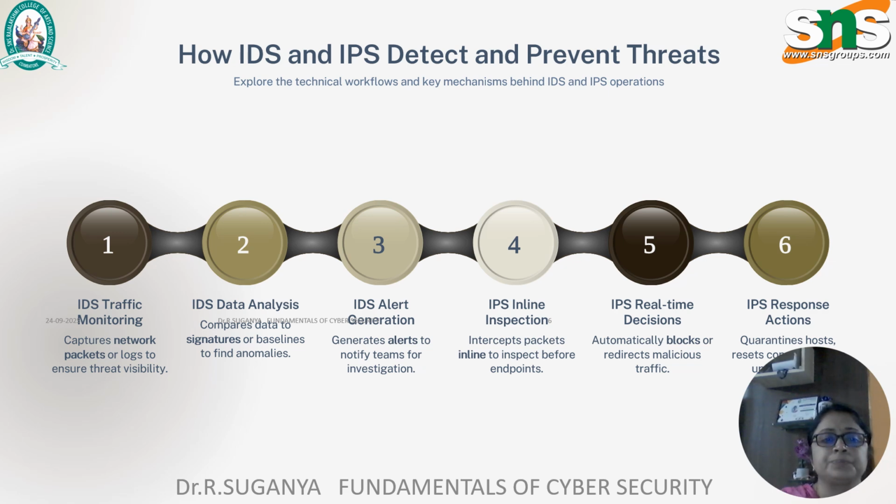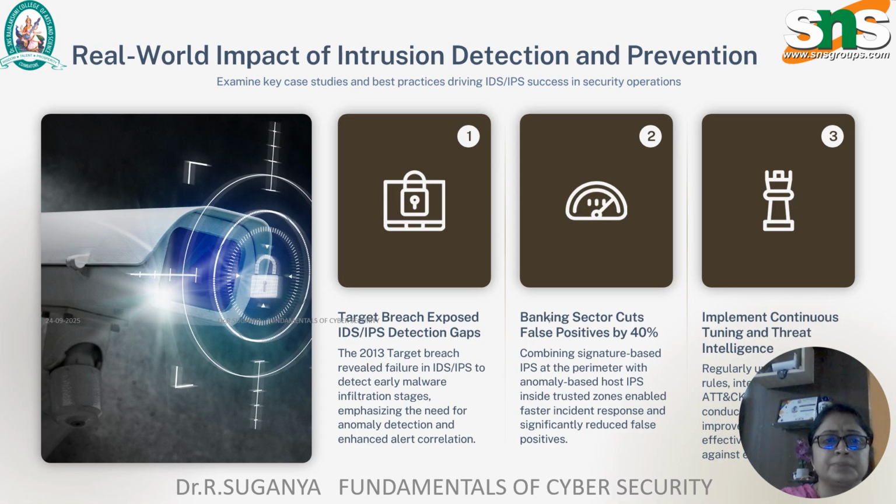Next comes the real world impact of intrusion detection and prevention. In the real world, what is the main impact? We have to examine key studies and best practices, real case studies. The Target breach exposed IDS IPS detection gaps. In 2013, the Target breach revealed failure of IDS IPS to detect the early malware infiltration stages.